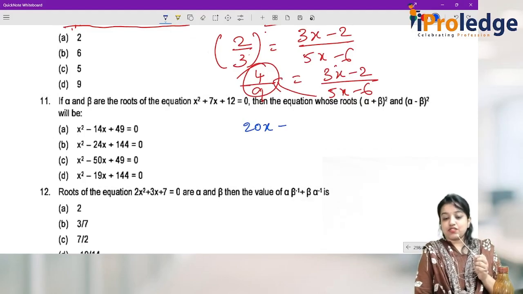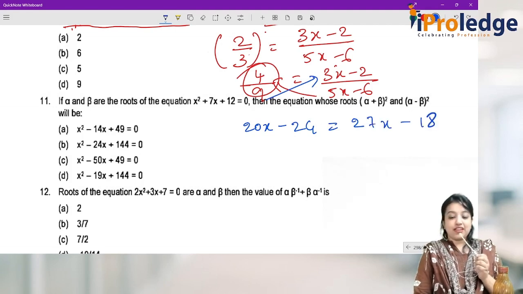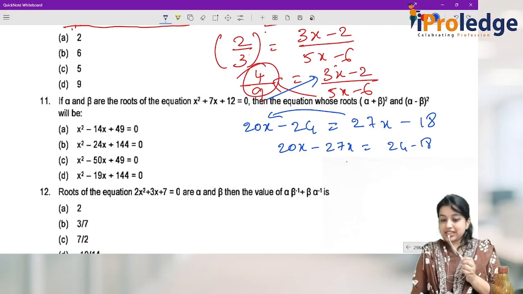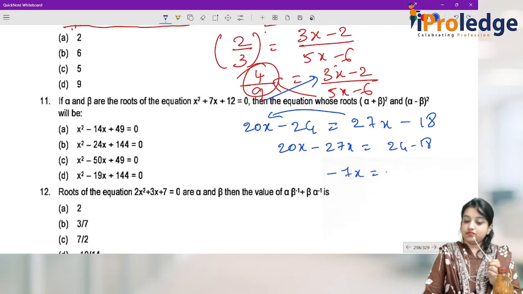If you cross multiply, 5 4s are 20x, 6 4s are 24, and 9 3s are 27x, 9 2s are 18. Take all the x terms to one side and the numbers to the other. So 20x minus 27x equals 24 minus 18, minus 7x equals 6.